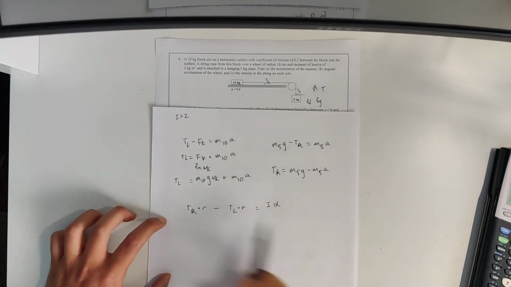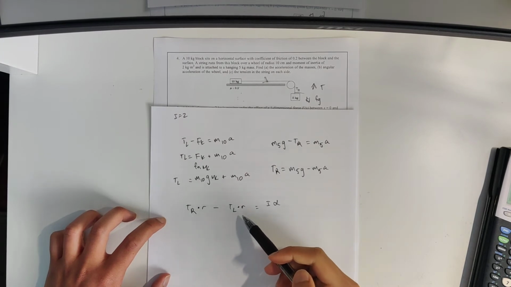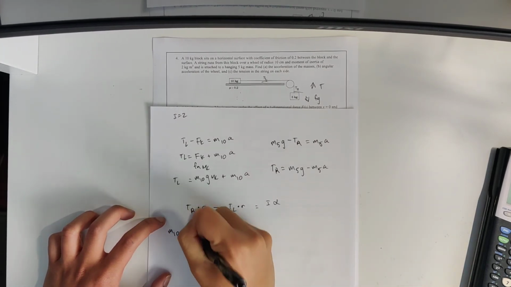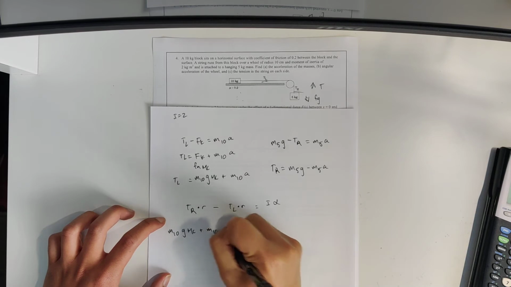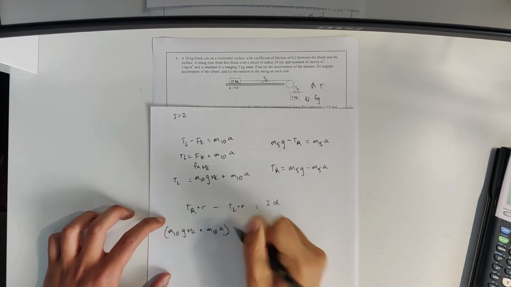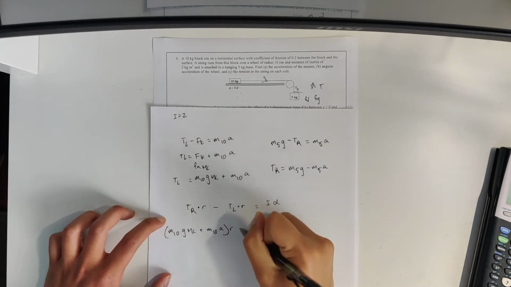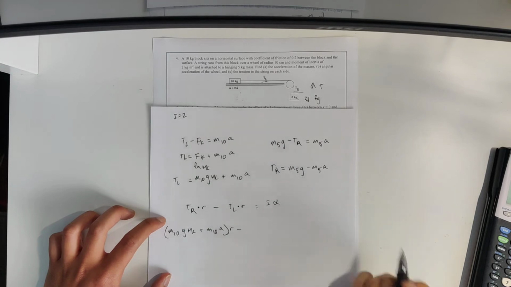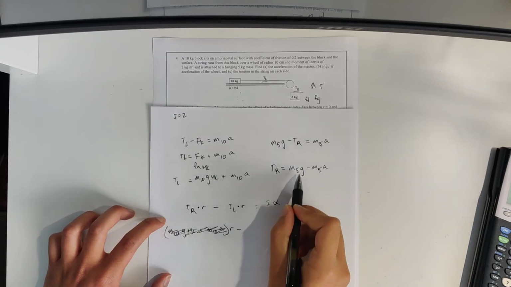Then let's just substitute that in for that and this in for that. So that's going to be M10 G mu K plus M10 of A, all going to have an R right here. And then same thing for T of L. Oh no, I subbed in the wrong one. So TR, it's actually this one.